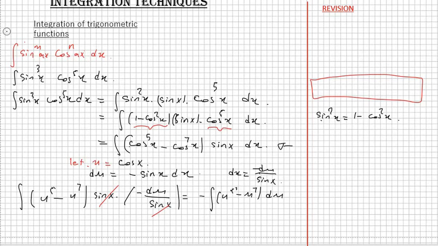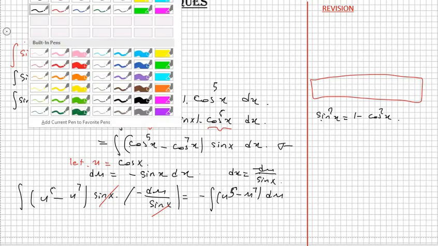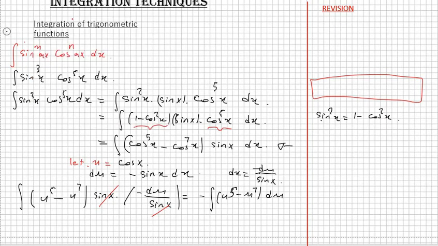Then I can apply the integration rule to this polynomial. That gives u to the power 6 over 6 minus u to the power of 8 over 8 plus k.